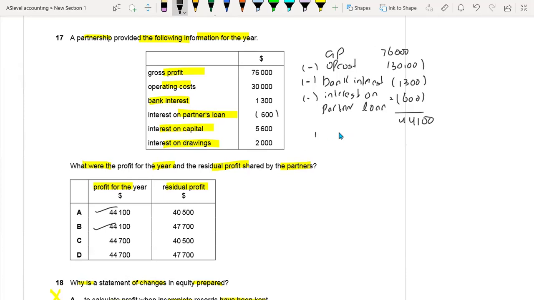First of all, add interest on drawing. Interest on drawing was 2,000 and minus the interest on capital, and this is 5,600. So we have the residual profit, which is 40,500. So this is A. So it means that option A is the right option.